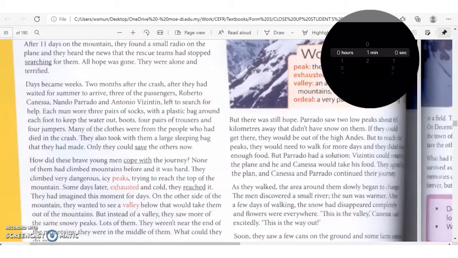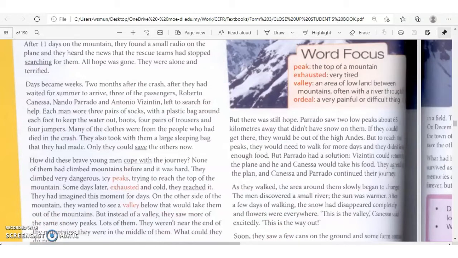Did you manage to find out which part of the text shows that they feel disappointed?